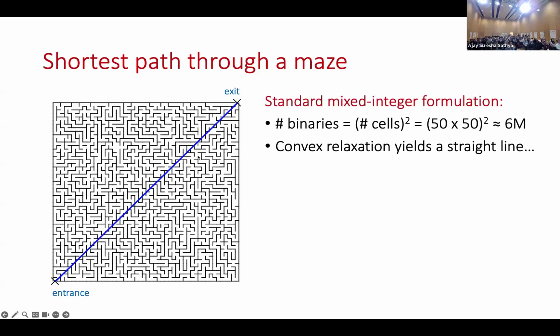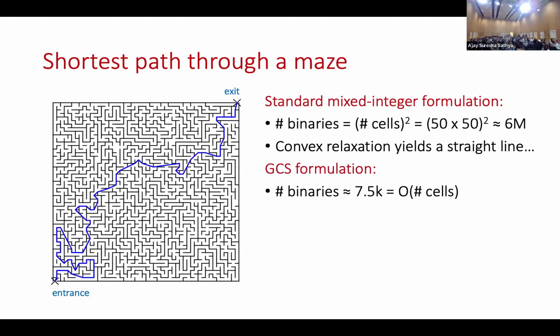There are standard mixed integer formulations for a problem like this, and if you want to be precise with those, you need a number of trajectory pieces that is equal to the number of cells in the maze, and then you need a binary variable to assign every trajectory piece to potentially every cell in the maze. So you get something like 6 million binary variables for this problem. And the convex relaxation, after you solve this convex program with 6 million variables, then you go straight to the goal, which is kind of silly, right?